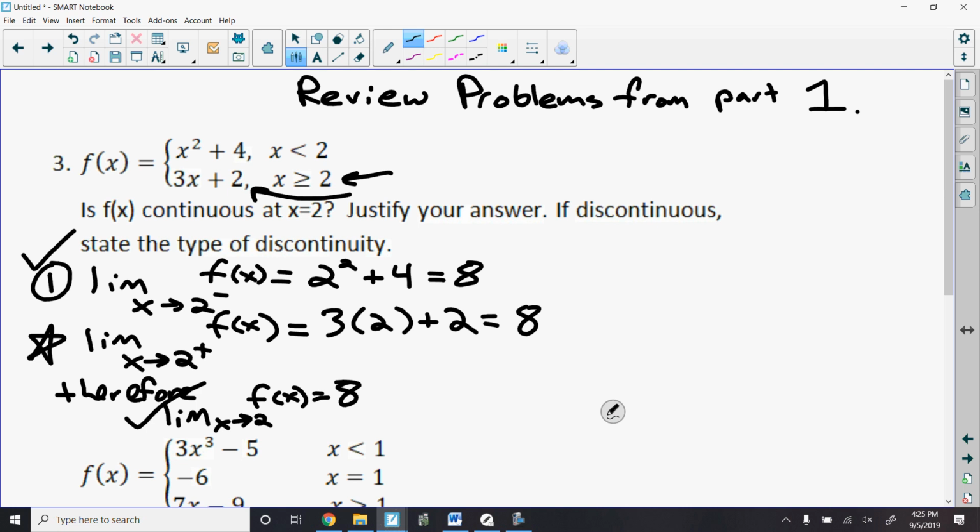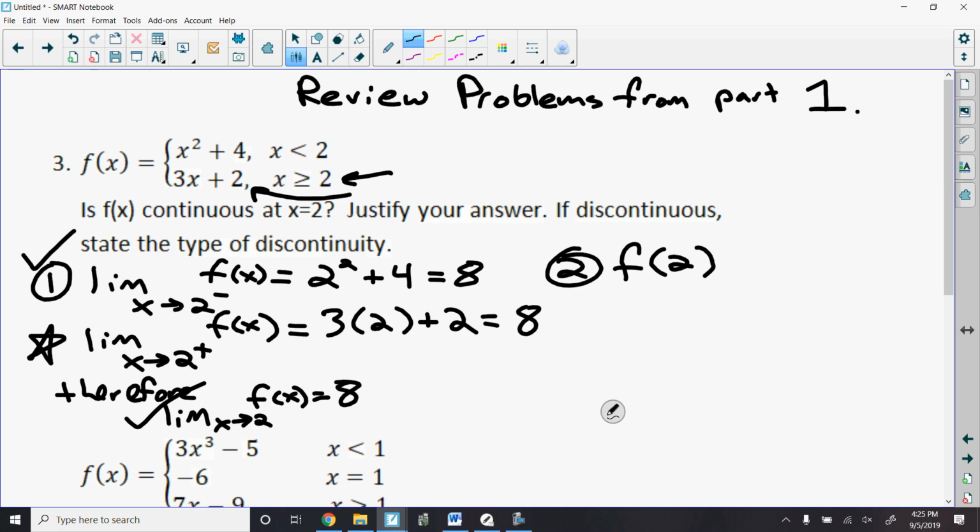Now I move to step 2. I need to figure out what f of 2 is. I need to know if my function is actually defined at 2. Well, when I look up at my piecewise function again, I see that 2 is actually included in the bottom function. 2 is not included in the top function.